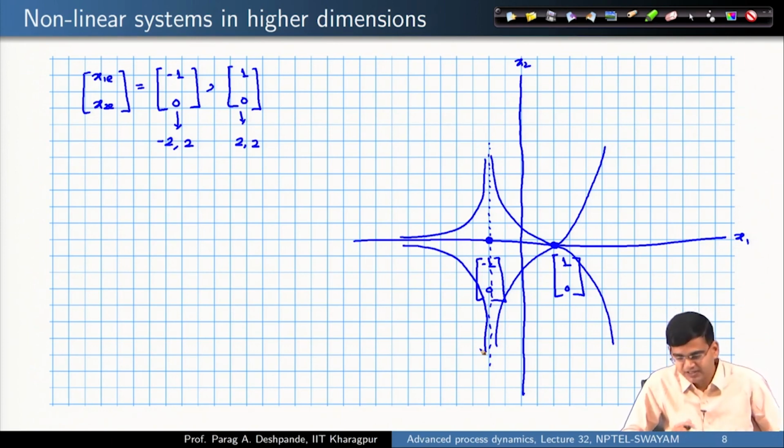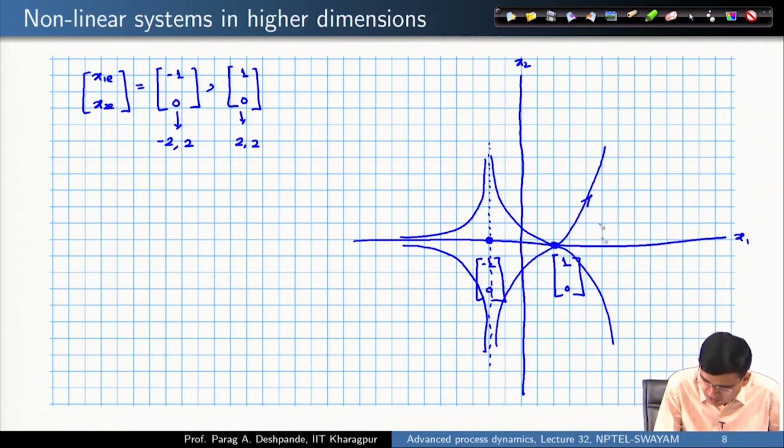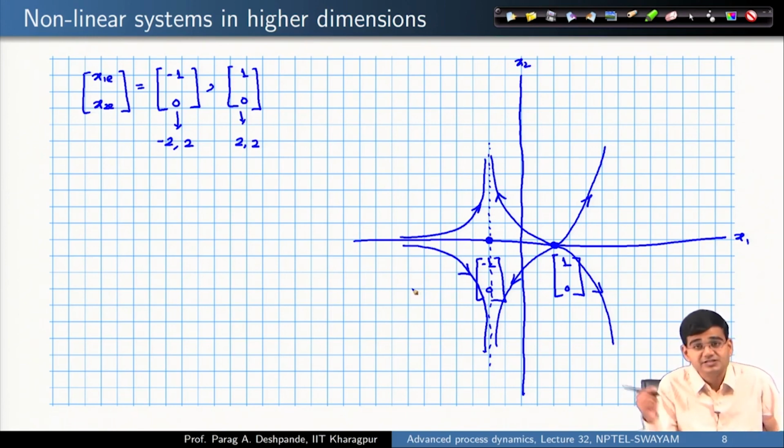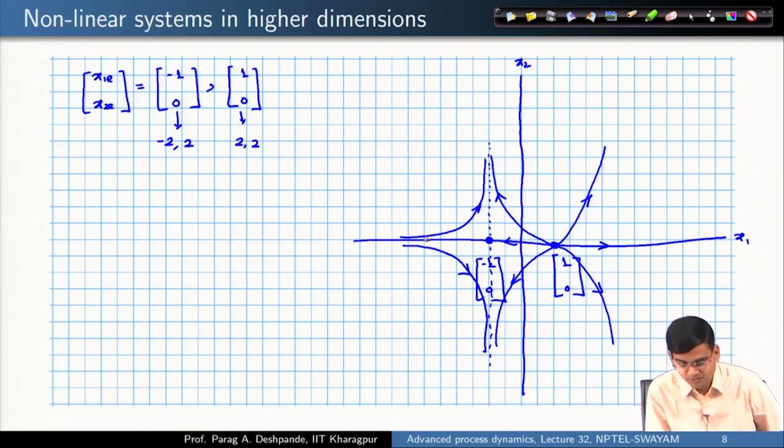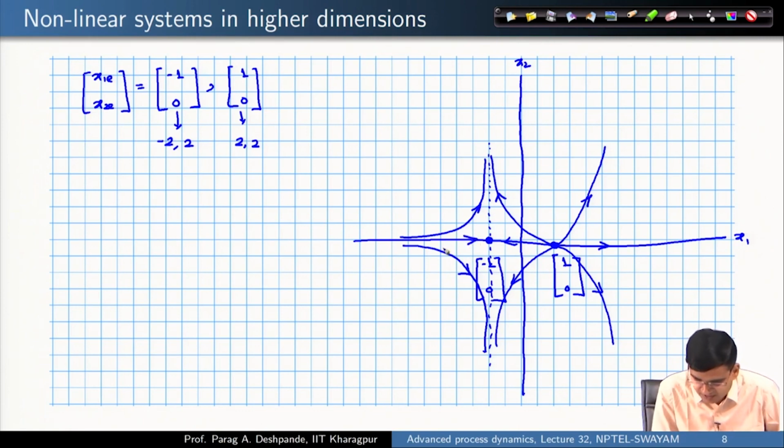Now, what is left is to draw the arrows. Since this is a source, this would go up, this would go up, and from here, since it is a saddle, it should go like this, right. Since this 1 0 is a source, you should have a corresponding arrow here, and following the arrows of the leftmost portion, you should have the arrow here.